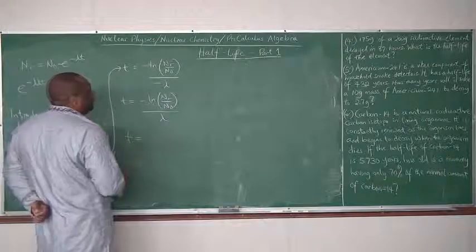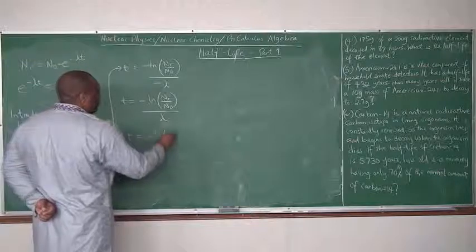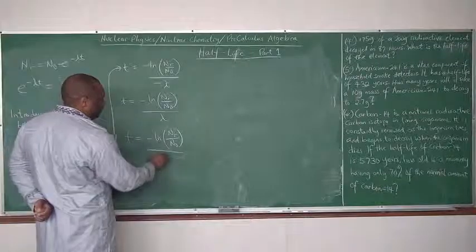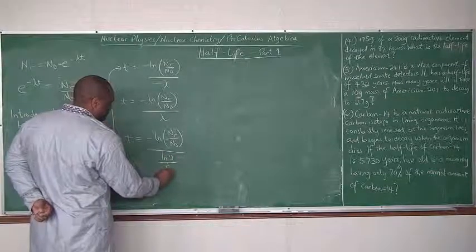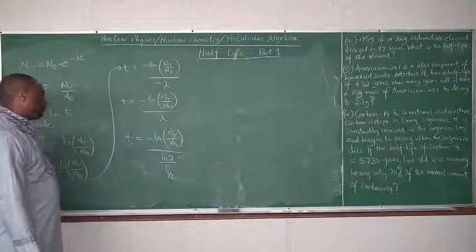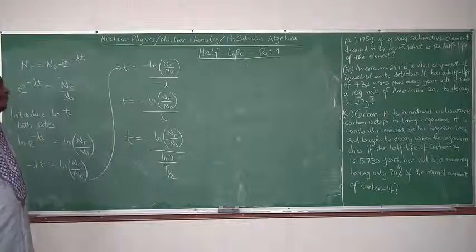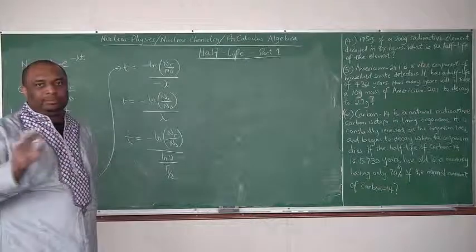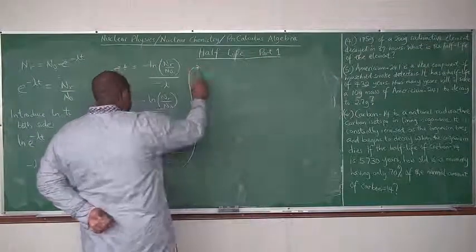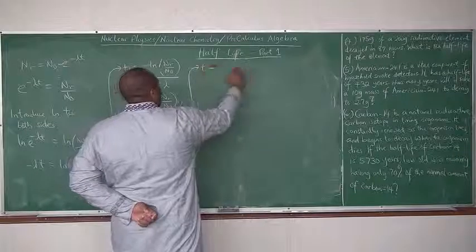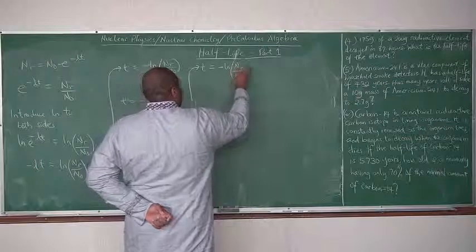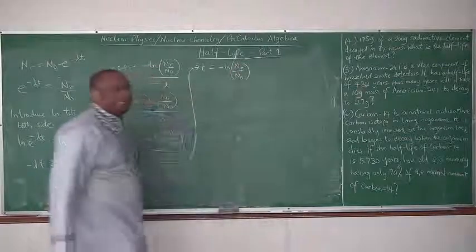Lambda is ln 2 over half-life. I'm trying to simplify everything so that I'll just have to substitute in the formula. But you mustn't do it my way, okay? I know some of you will say, this guy is just wasting time in this video.